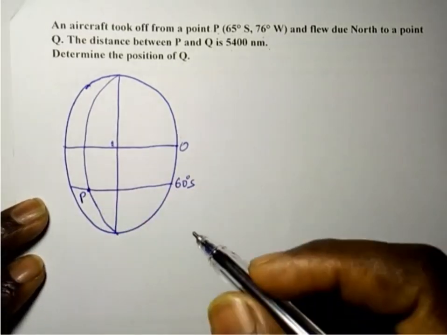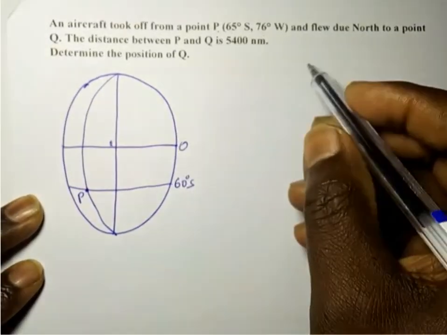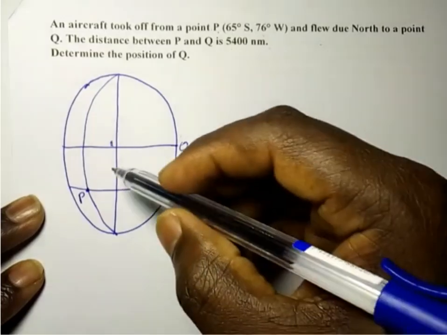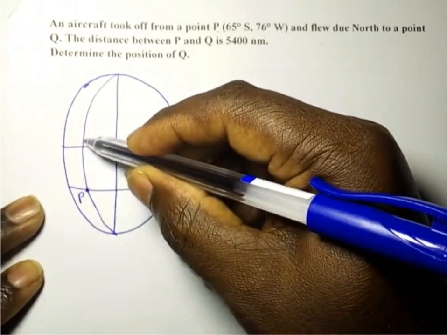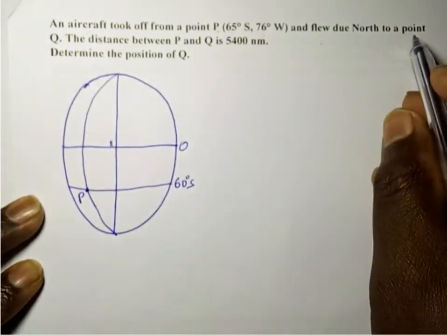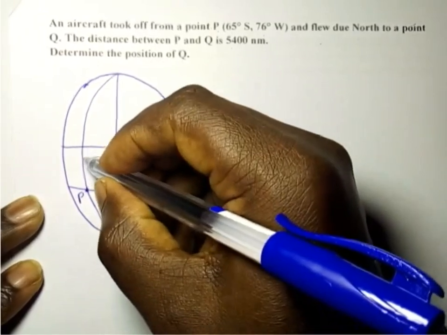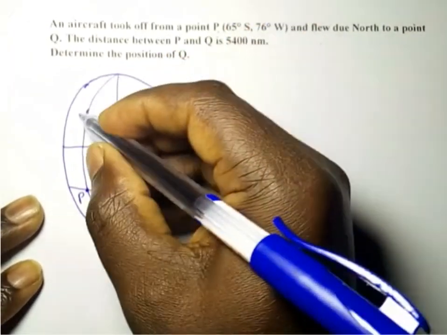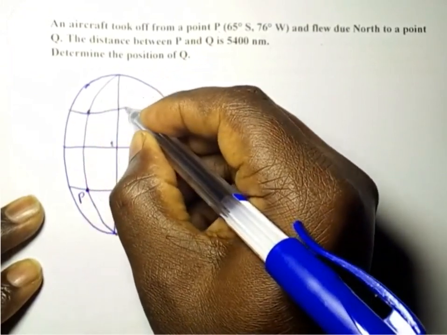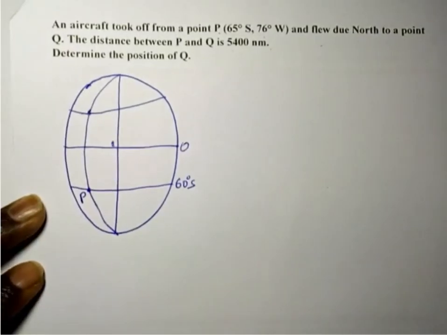So it flew north, on the same longitude, to a point Q. We don't know where Q is. Let me just guess that it arrived at that point. We don't know, but we just sketch like that.